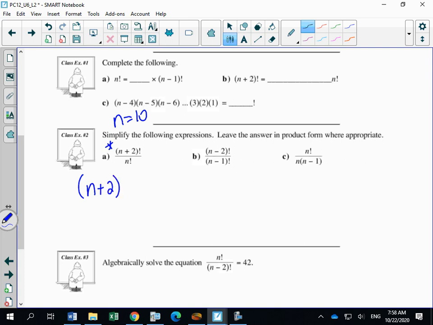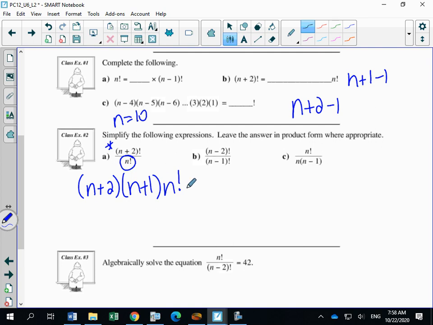The next one, remember, is always one number less. So n plus 2 minus 1, that would be n plus 1. And then n plus 1 minus 1 would be n. And I'm going to stop there because it would be n factorial, right?